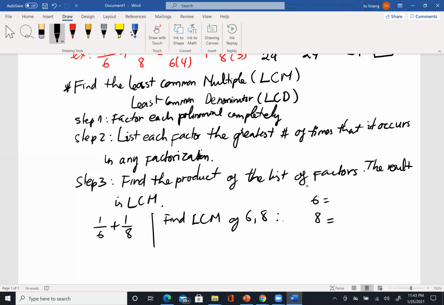You will have 2 times 3 for the 6. And for the 8, you can write 2 times 2 times 2.